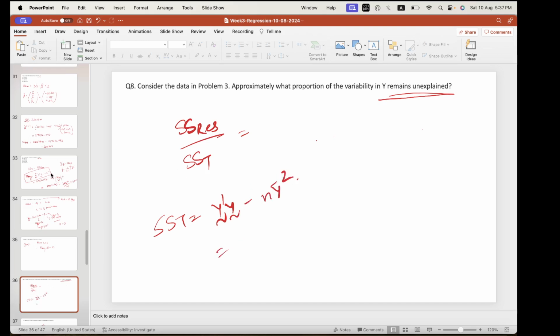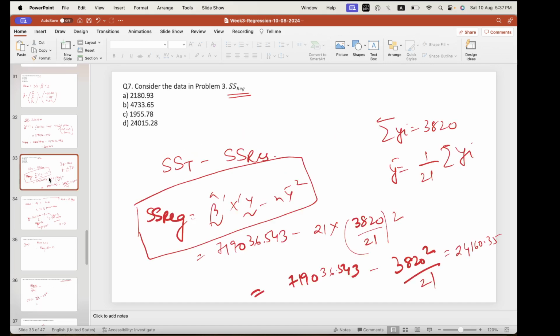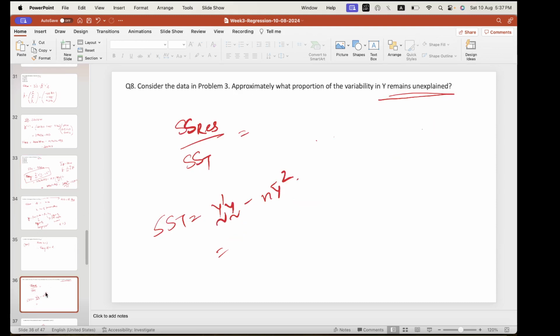So this would be 721072.40 minus 3860 whole square by 21.